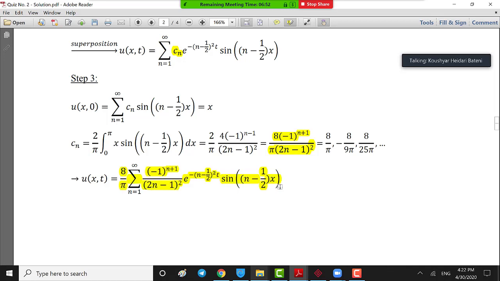Yes? Do you see how beautiful it is, the result of our calculation? 8 over pi sigma for n from 1 to infinity minus 1 to the n plus 1 over 2n minus 1 to the 2 e to the minus n minus 1 over 2 to the 2t sine of n minus 1 over 2x. A coefficient times an exponential component times a sine component. Yes? And questions?